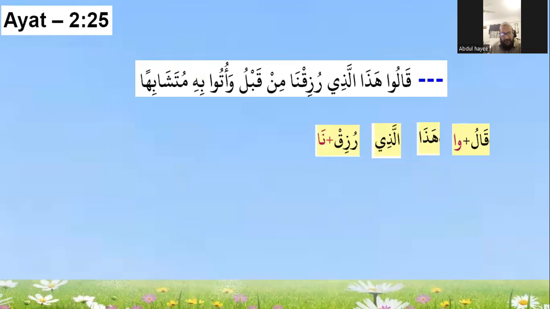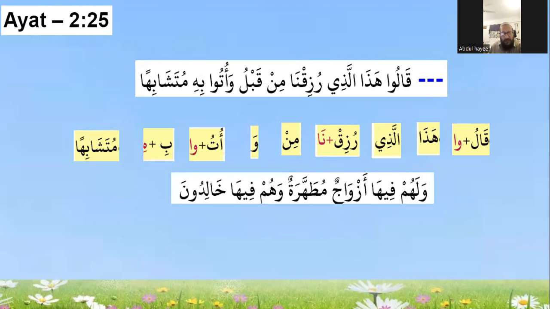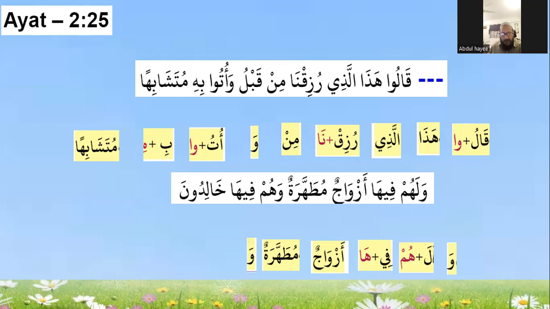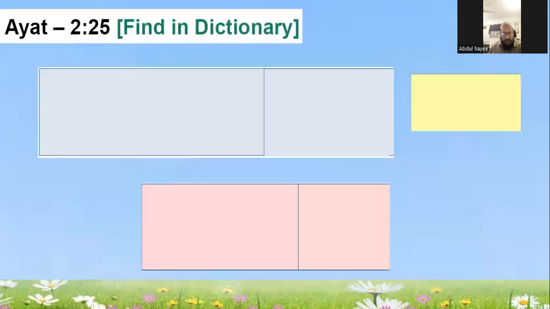Hadha single, alladhi single, razaqna: razaq and na. Min single, qablu, wa, atu, mutashabihan, wa, lahum, fiha, azwajun, mutahharatun, wa, fiha, khalidun, wa, nun is the plural sign.